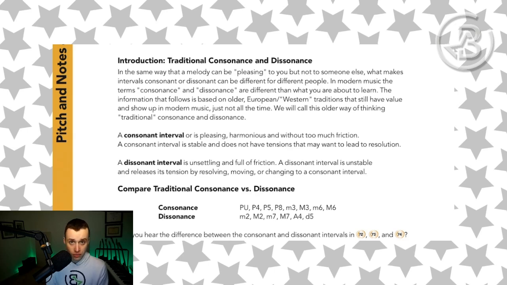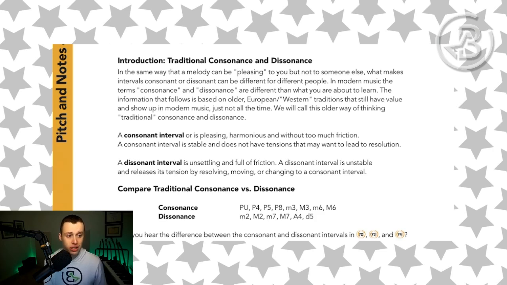In modern music, like video game music, like pop music, a lot of times the terms consonance and dissonance are different from what you are about to learn, but the foundation of this is what all our modern music is built on. This idea of consonance and dissonance is a traditional European way of thinking about it.